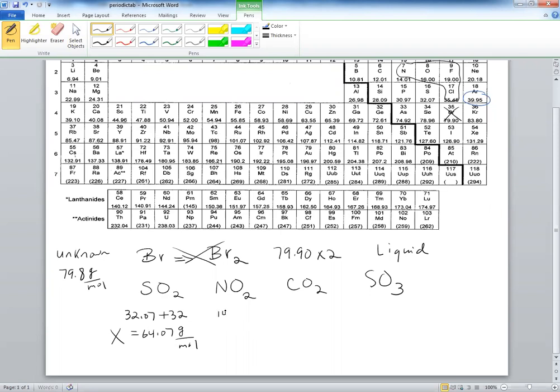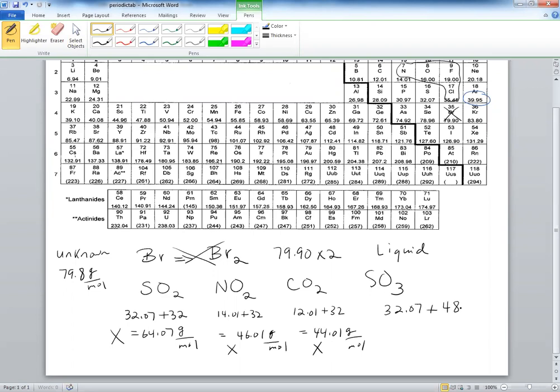NO2, that would be 14 plus 32 for oxygen. So that would come out to be 46. This one too does not match. It's too small. CO2 is 12 plus 32. So that's 44. Also does not match. Let's look at SO3: 32 plus 3 oxygens.